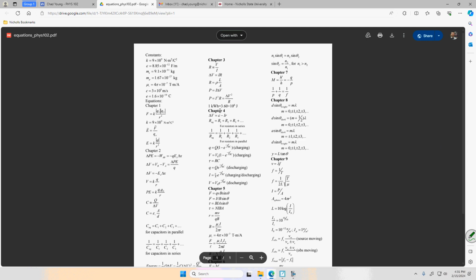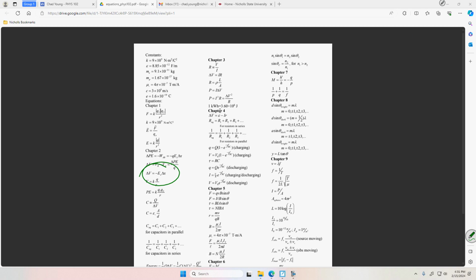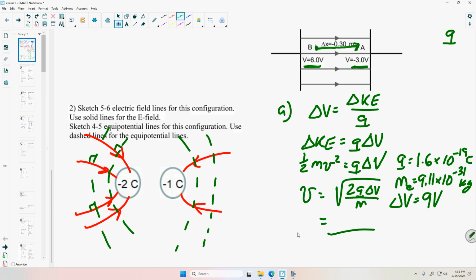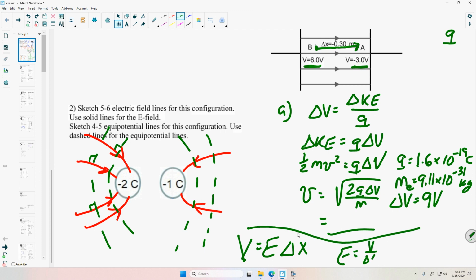The electric field is related to the change in potential in that way, that delta V is equal to -Ex delta X. Again, the signs are not important, so we're just looking for the magnitude of the electric field, but that V is equal to E times delta X. So if I'm looking for the electric field, that's going to be V divided by delta X. I know what V is.